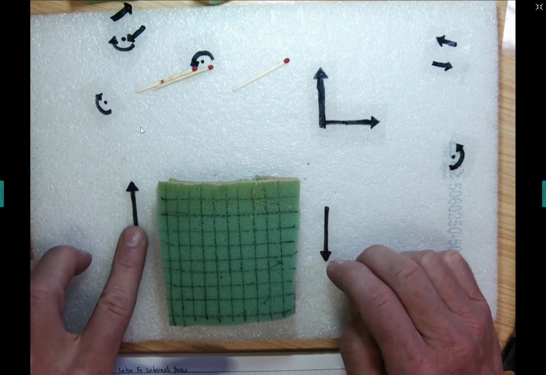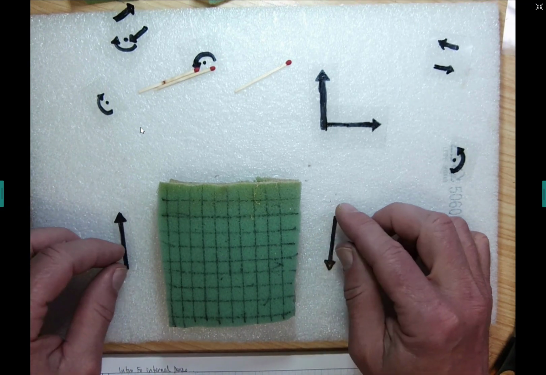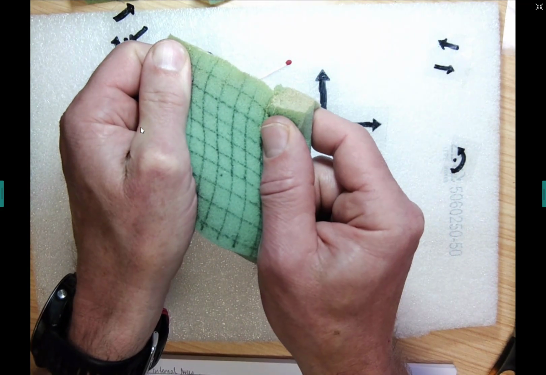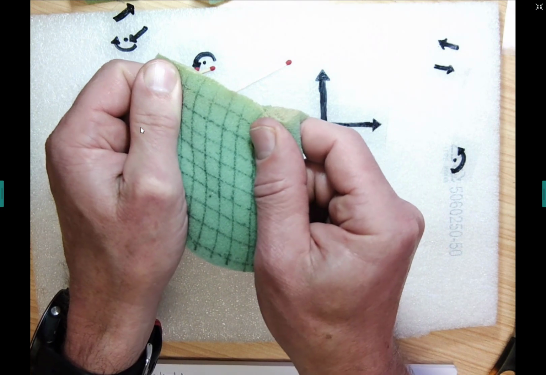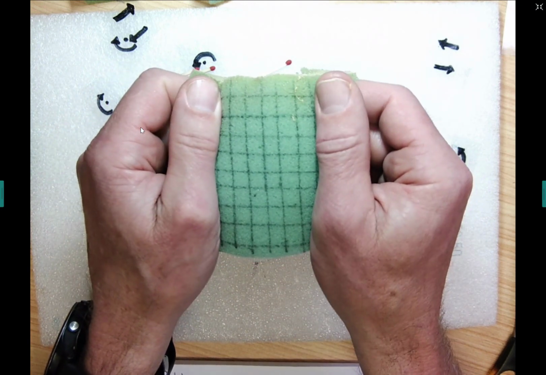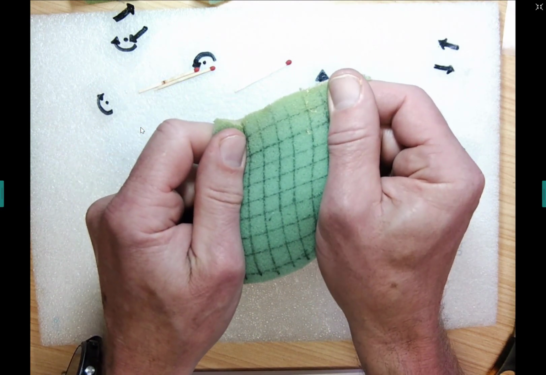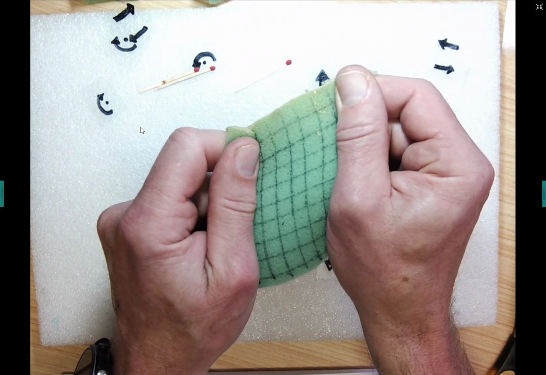So we've got a positive external force on this side, a negative external force on that side, and it's going to produce shear like that. So positive on the left, negative on the right. That's going to be a positive shear for the internal force, a positive shear. A negative shear is going to be down on the right and up on the left. So that's going to be a negative shear.